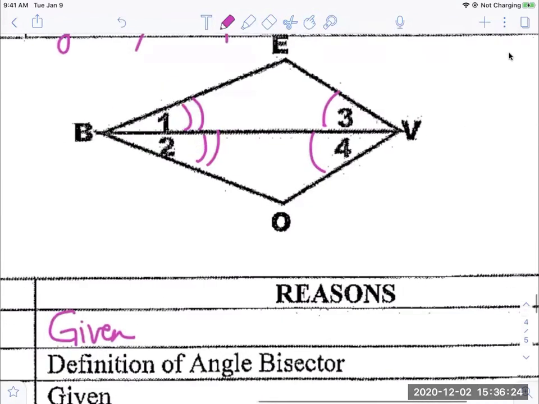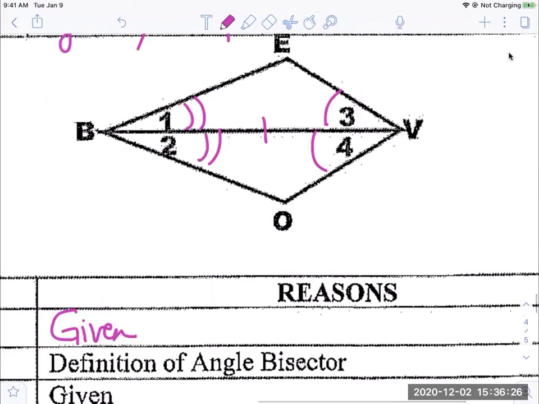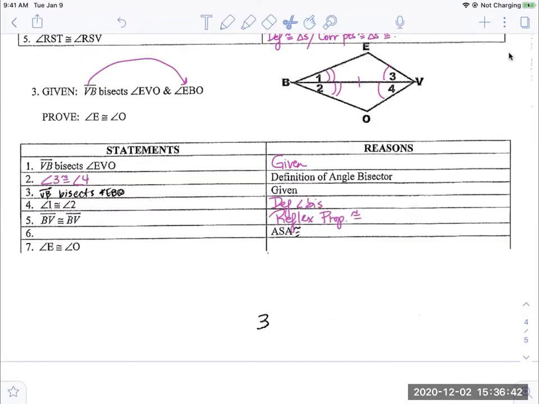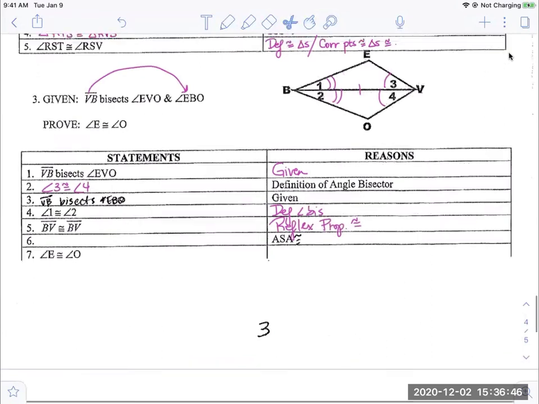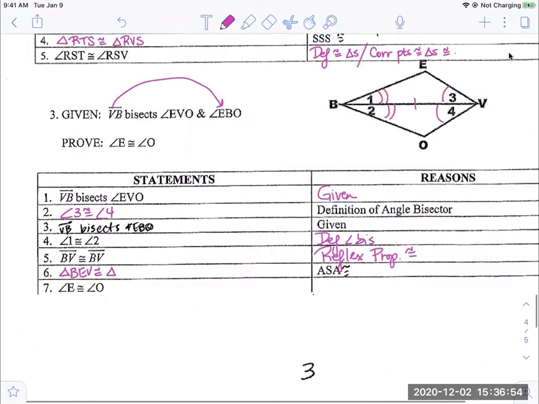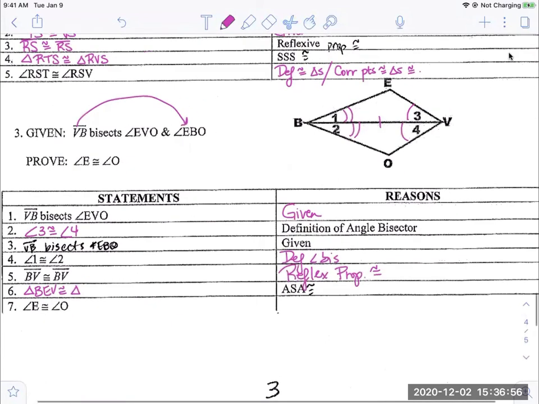Okay. How do we know that BV is congruent to BV? Well, that's a shared side, that's reflexive. And then the triangles are congruent by angle side angle. So triangle BEV is congruent to triangle BOV.